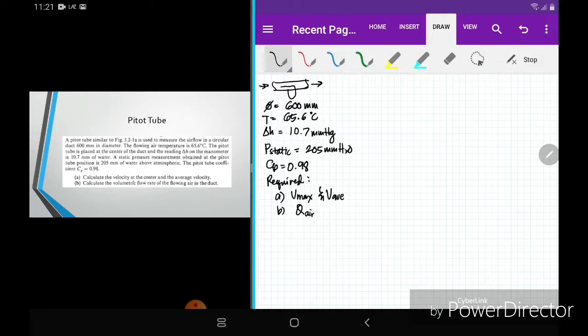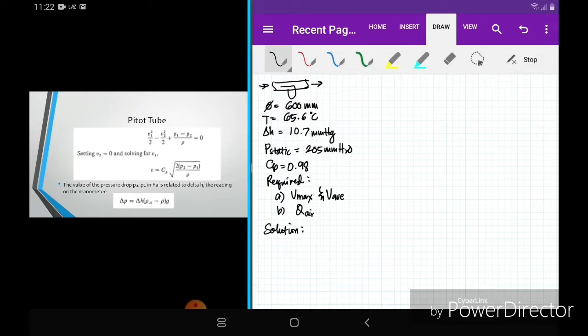Okay, solution. Remember the formula: the velocity is equivalent to C sub P times the square root of 2 delta P over density.